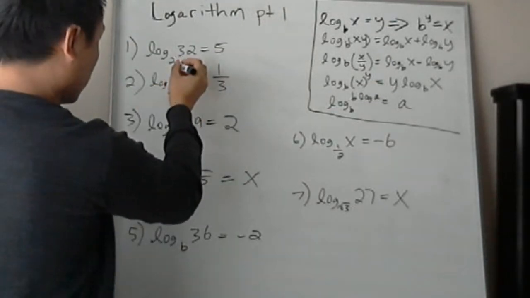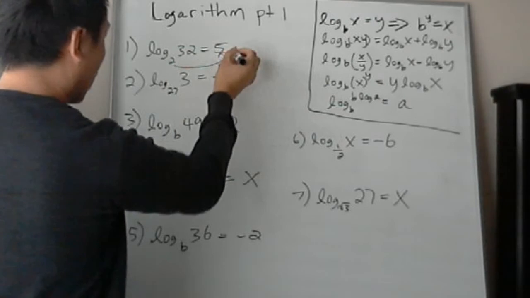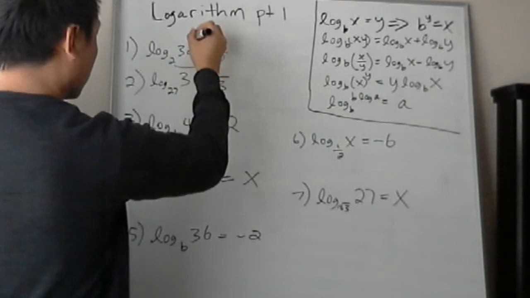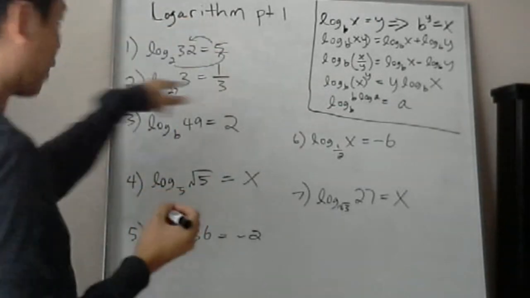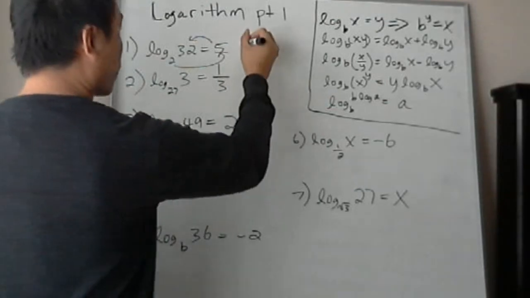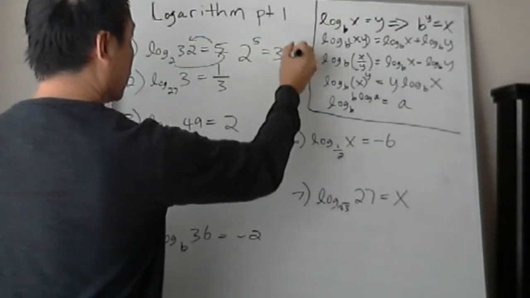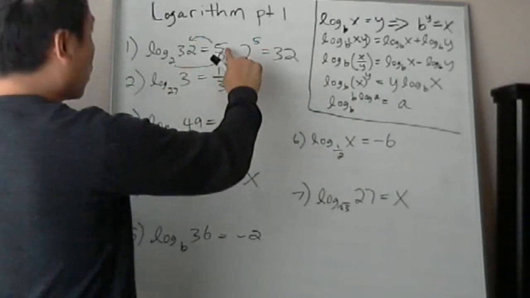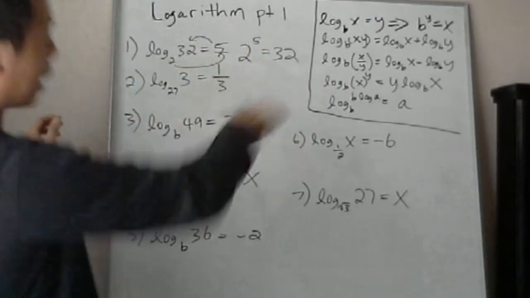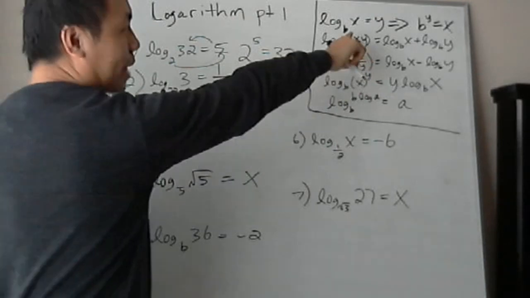So I go 2 to the 5th power equals 32. You see how it's a little counterclockwise cycle? So the way you rewrite it is 2 to the 5th power equals 32. And that's how it's done here.